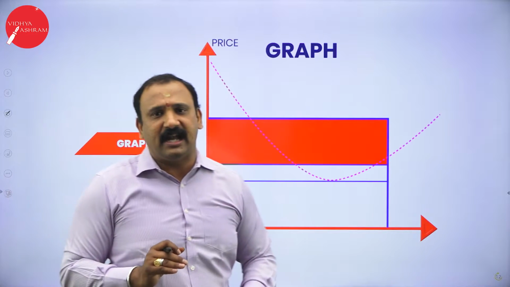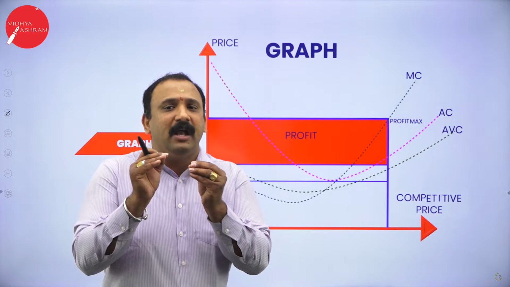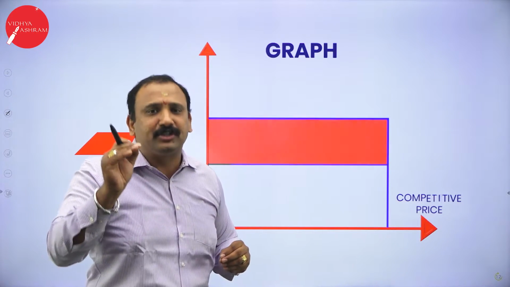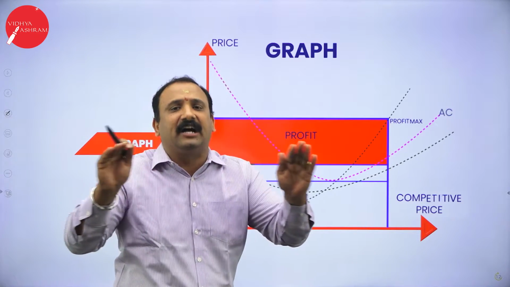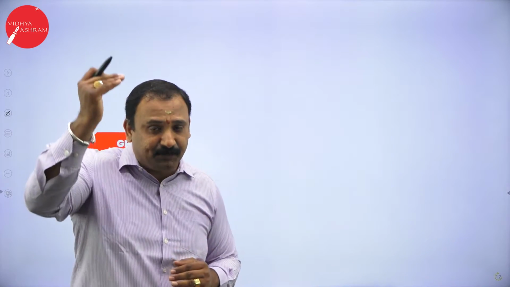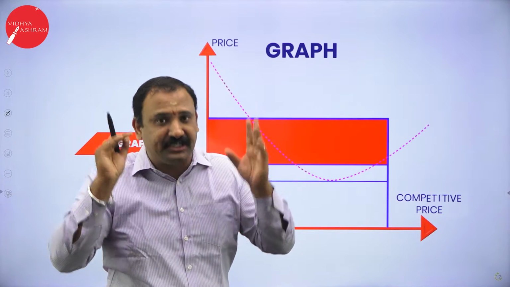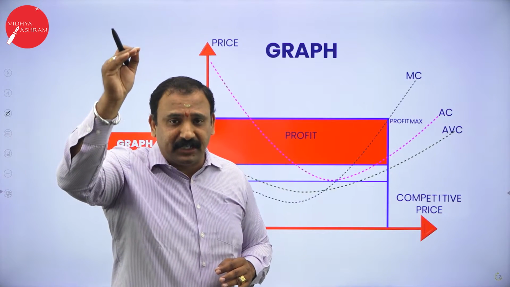Now if you look at this graph, you will be able to see that over a period of time, the marginal cost, the average cost and the average variable cost are set across, as per the profit maximization condition. The three conditions that we told: price must be equal to the marginal cost.